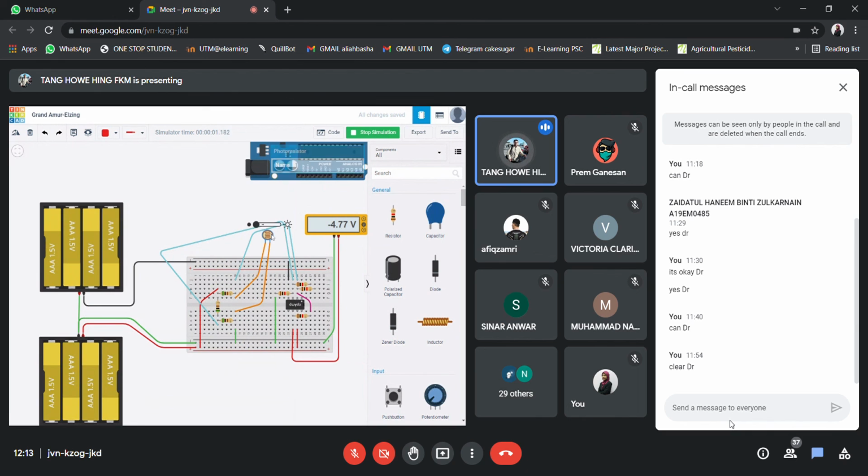Okay, so you can see that right now we get a negative 4.77 volt, and then if we change it, we still get a negative. Have I made any mistakes? Yeah, this is 0, but here we get a negative 4.77. All right.